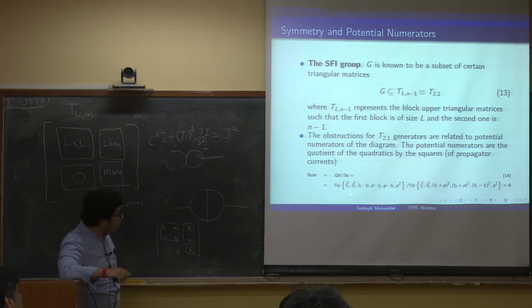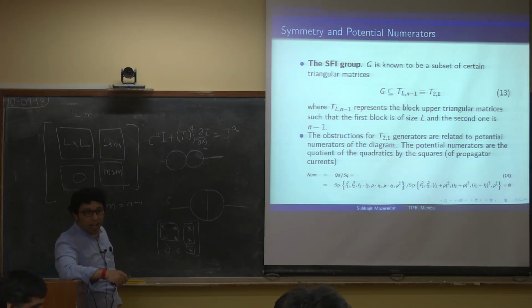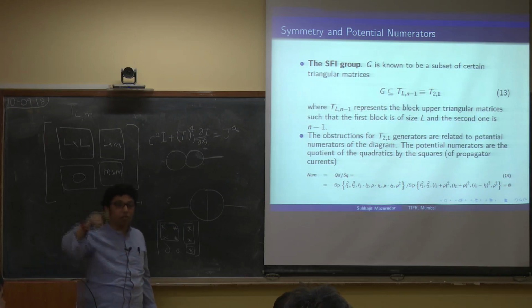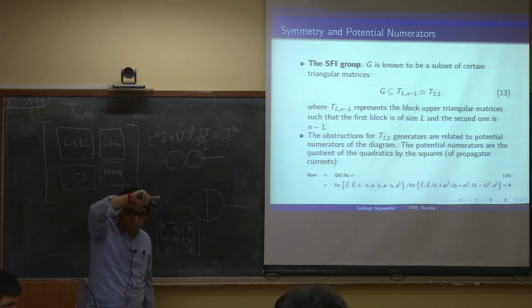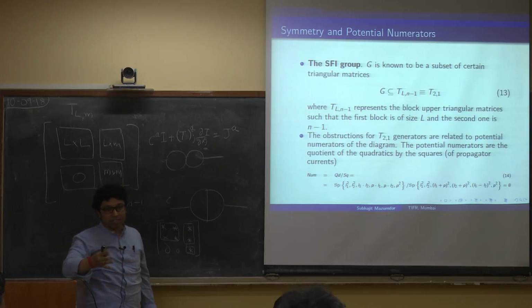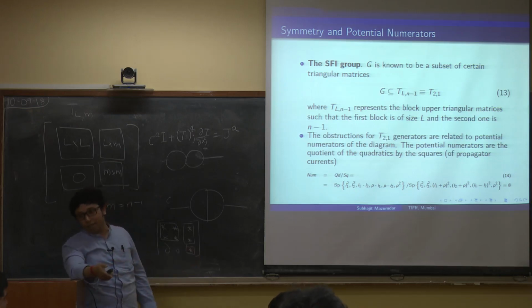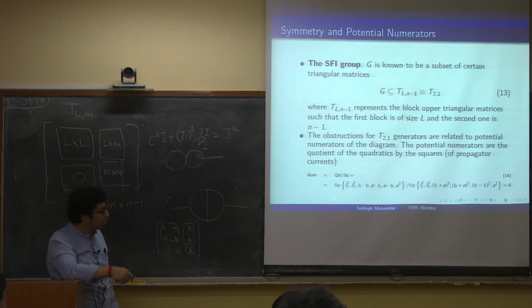There are these 1, 2, 3, 4, 5, 6, and you can see there are 5 propagators and 1 p square itself. So the quotient is 0. So there are no potential numerators, that means everything which will come in the numerator while differentiating can be expressed in terms of either the propagators or the external momentum. That's why this is 0.